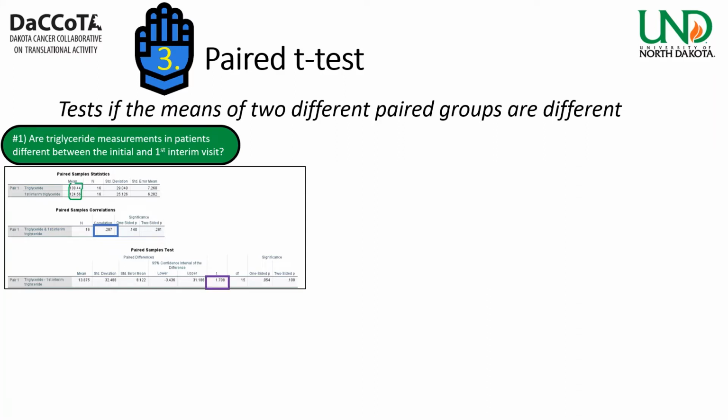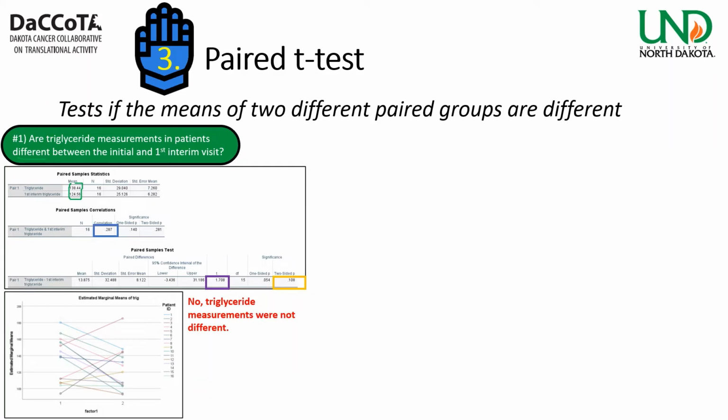But then looking at our paired samples t-test, we see a t that is fairly low, 1.7, and the two-sided p, because we're asking if there's a difference rather than a one-sided, is not significant. So triglyceride measurements were not different, and this is our spaghetti plot. We can see that between time period 1 and 2, some levels went up, most went down, but not strongly enough to really be different.